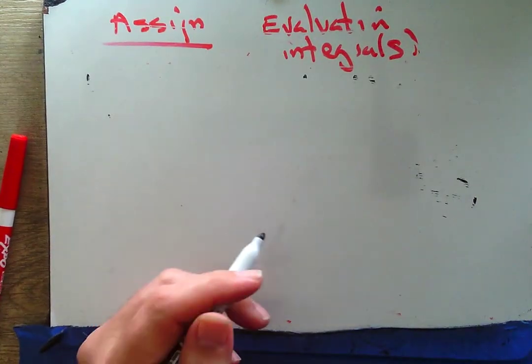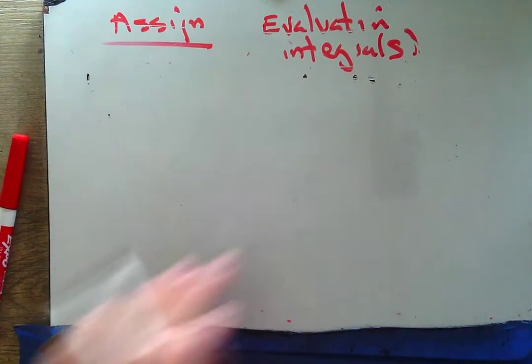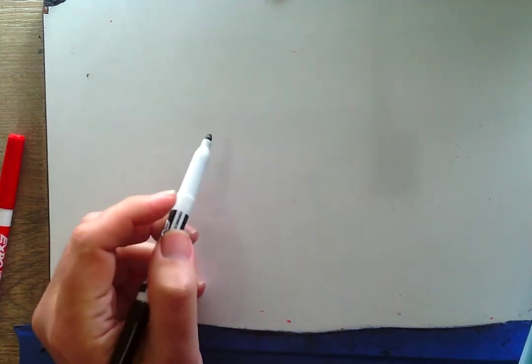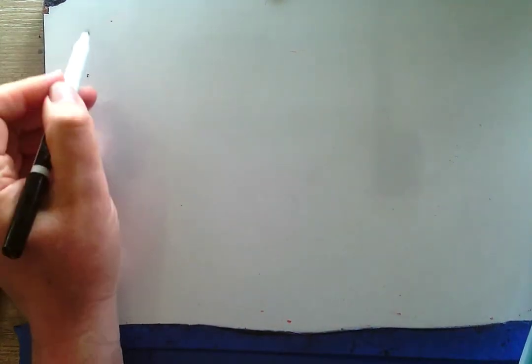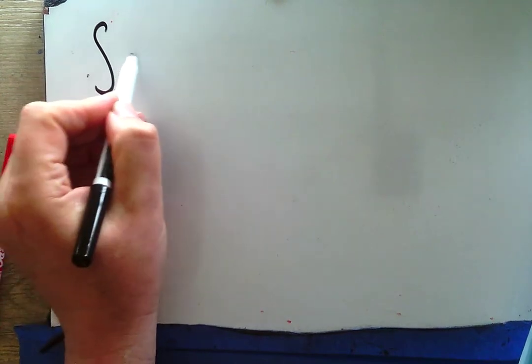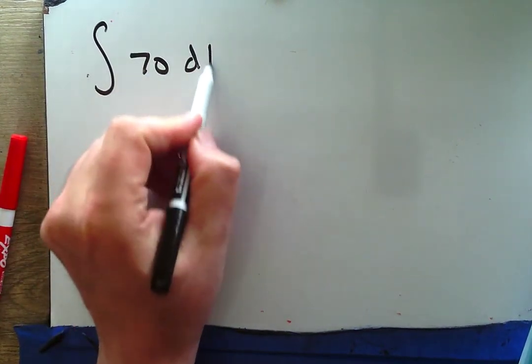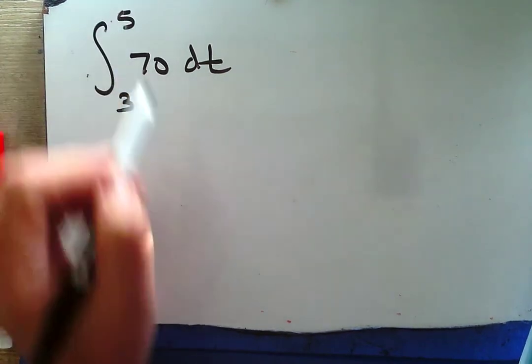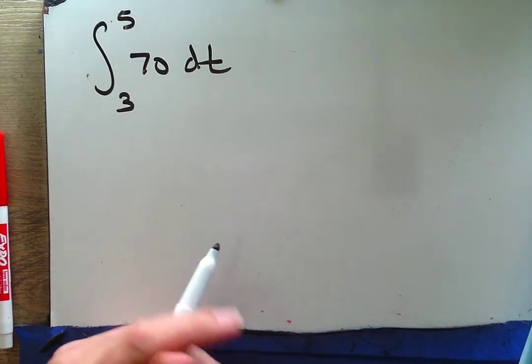With that being said, knowing that we're supposed to be appealing to the geometry of the situation, I think you should be pretty comfortable evaluating these integrals. So how about this one? The integral of 70 from 3 to 5. Okay, give it a try.